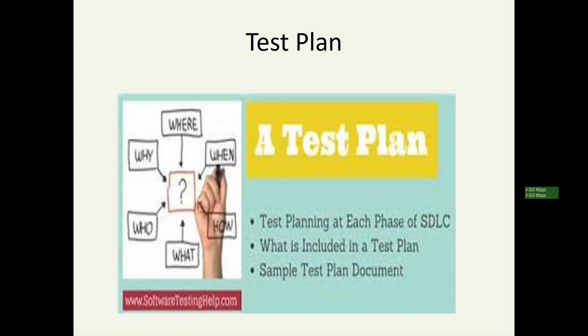Next one is the same thing, test plan. There might be two documents. One is a master test plan, which is for the complete project. And there might be individual test plans. Normally, when I was working in a project, for each sprint we prepared the test plan document and sent it to the team.